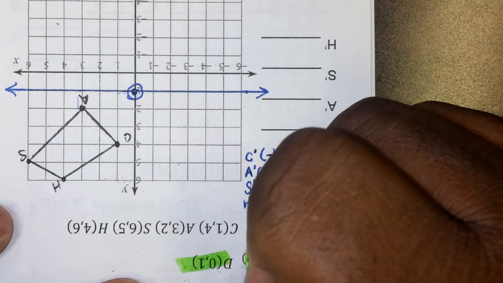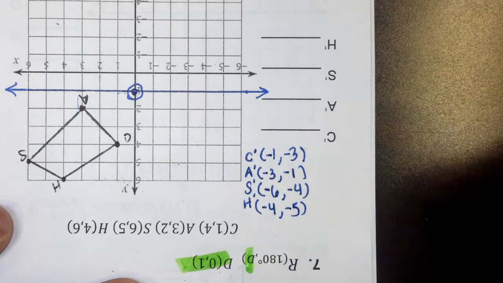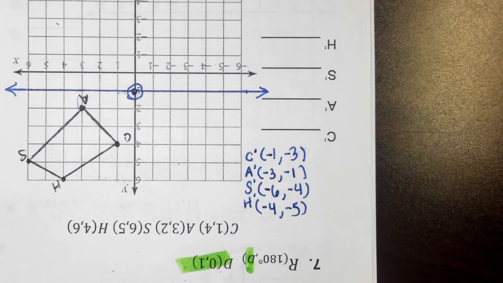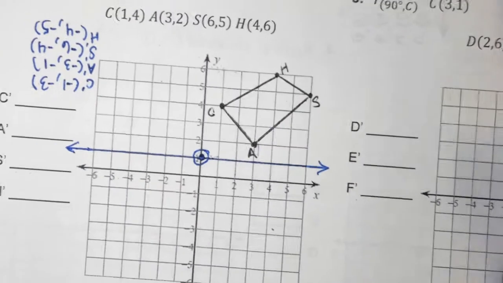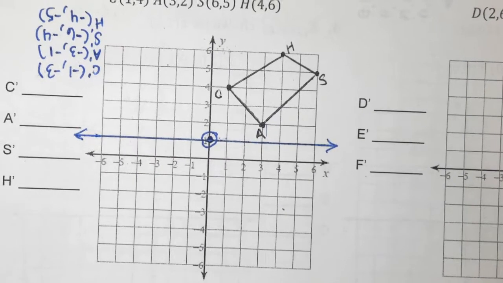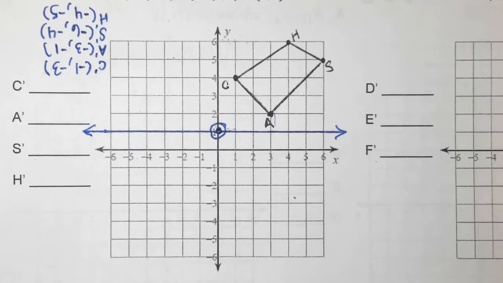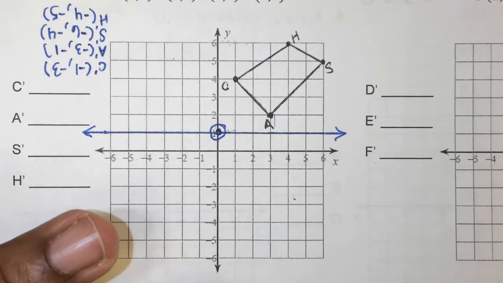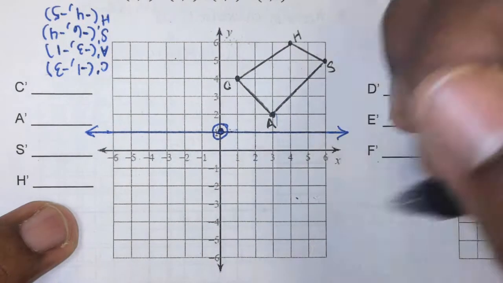So -4, -5 for H prime. Got what I need off that. Now I'm going back straight. It's upside down, but you can still read it. And then from your center of rotation, count what you just counted again.